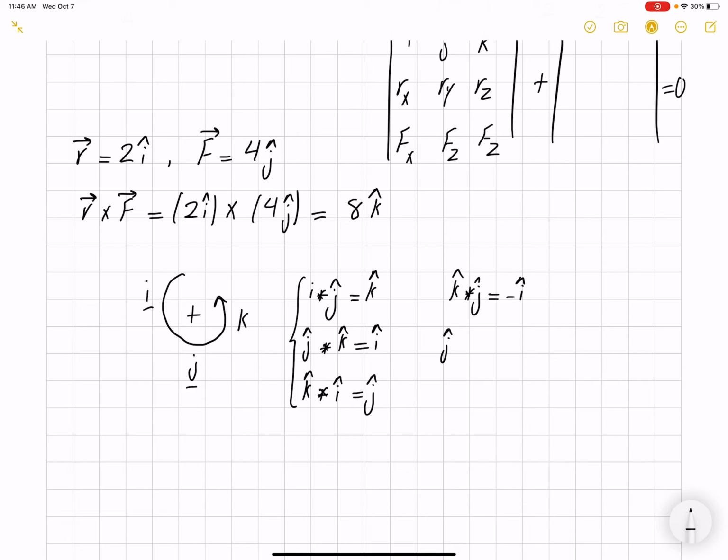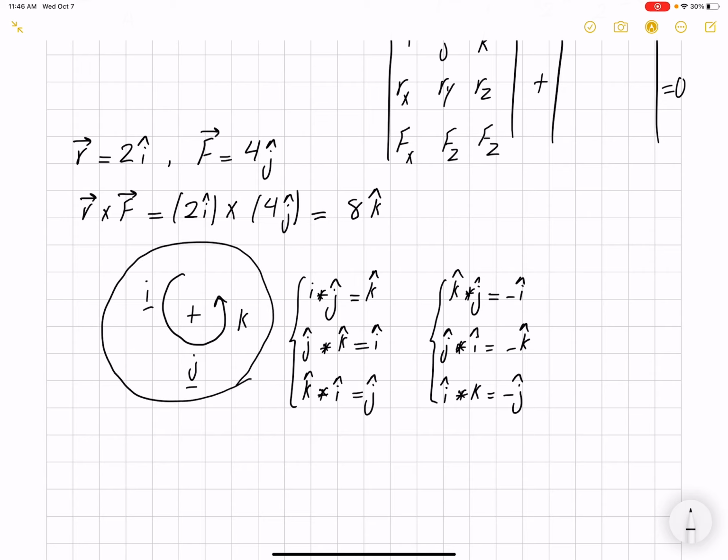j cross i would be negative k, and i cross k would be negative j. So as long as you remember this circle, you can do the cross product.